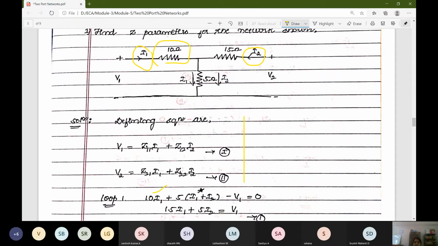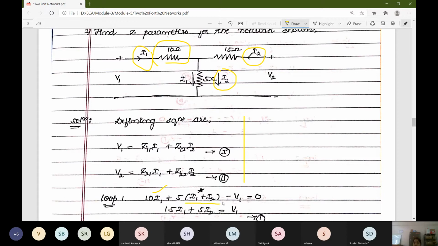And here this is one resistance where two currents are there. One important thing you have to remember is both the currents are going in the same direction. I1 is coming downwards, and I2 also is coming downwards. Both are in the same direction. So it is 5 into I1 plus I2. That is important.